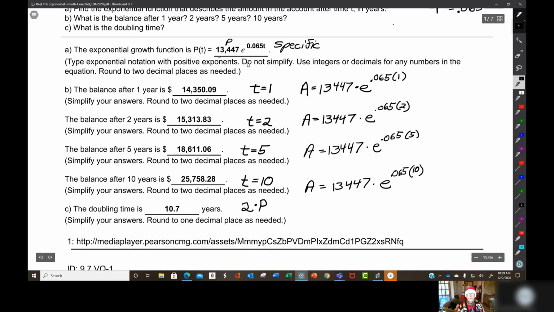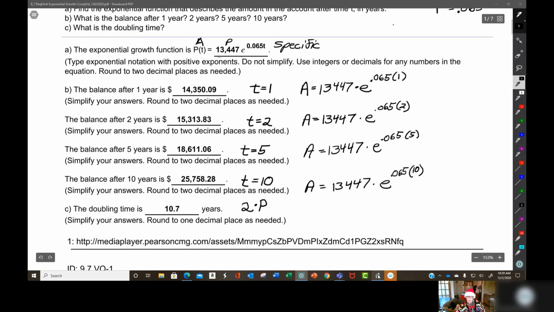And you can use this in real life. Okay, notice that instead of A, they call this P of t. That's because writers of books call things anything they want, but it's still acting like the accumulated amount of money that you're going to have after a certain amount of time.